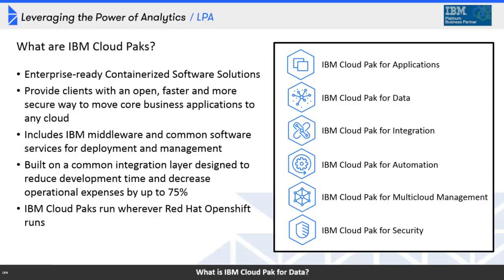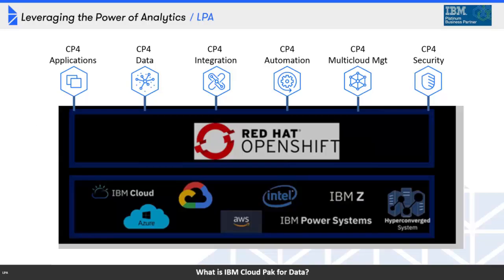Now, on top of OpenShift and supporting all of the containers that make up a collection of applications is a collection of IBM middleware and common services that help with the overall management. This picture depicts that all of the Cloud Paks, whether it's for applications, data, integration, automation, and so on, do indeed run on OpenShift.